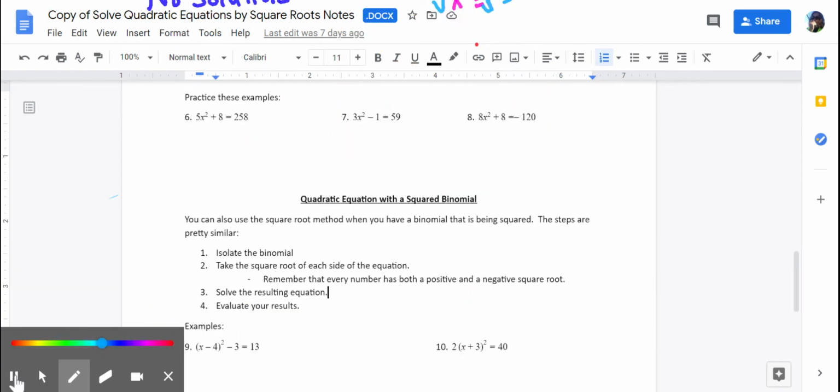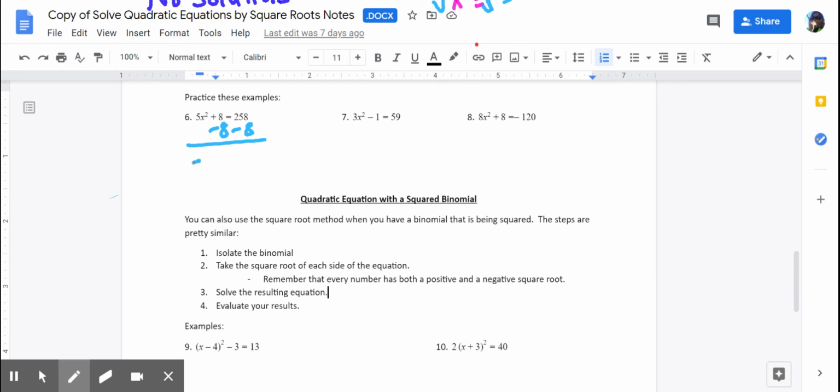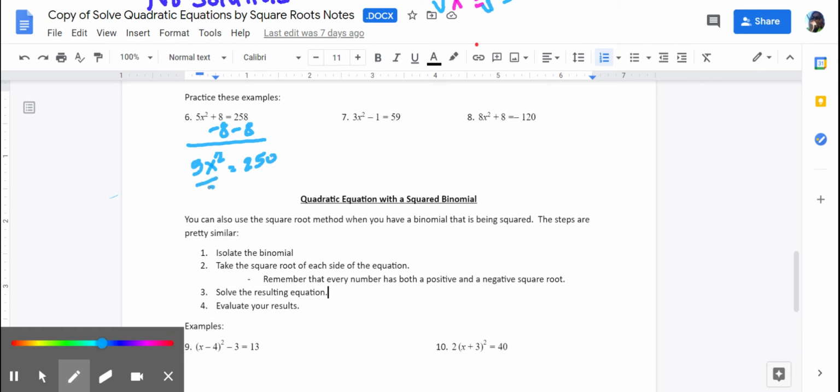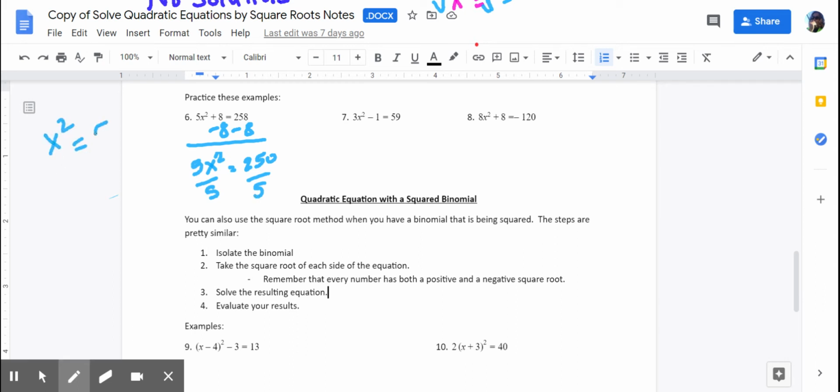So if we continue to practice, subtract 8 from each side. Now this is a mixture of all problems, so I'll have 5x squared equals 250. And divide each side by 5. When I do that, I will have x squared equals 50.